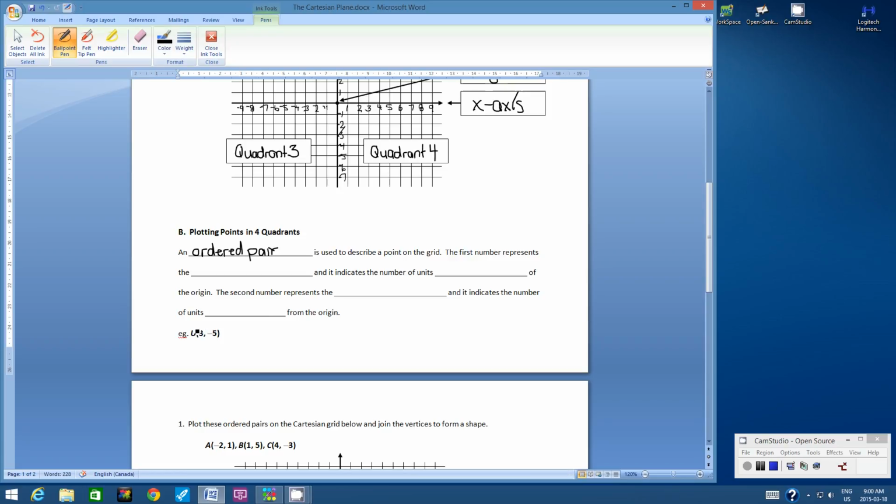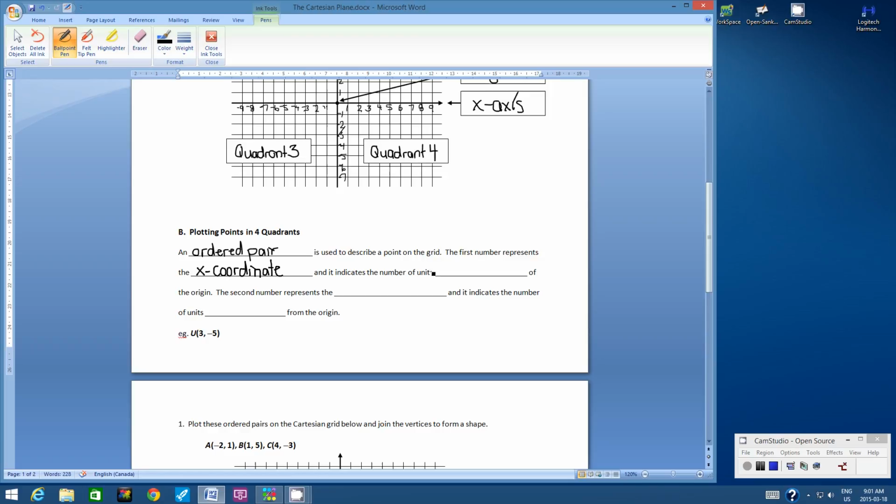So I have here an example of an ordered pair. The first number represents the x-coordinate. This number here, in this case the 3, represents the x value or the x-coordinate.